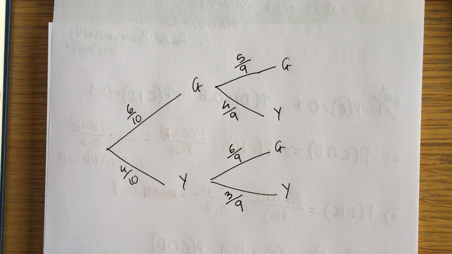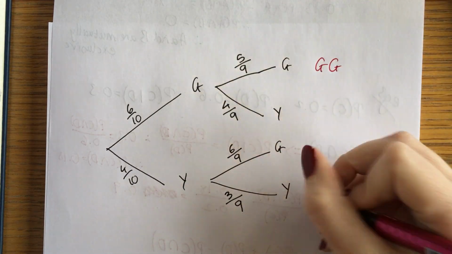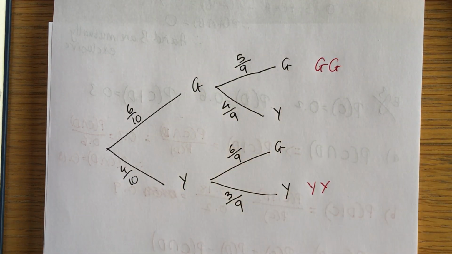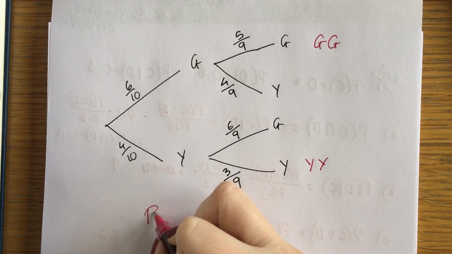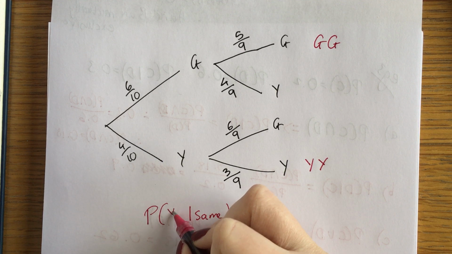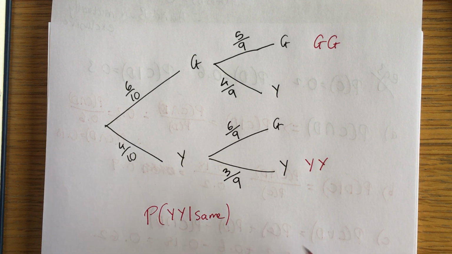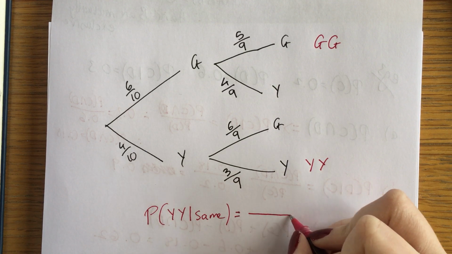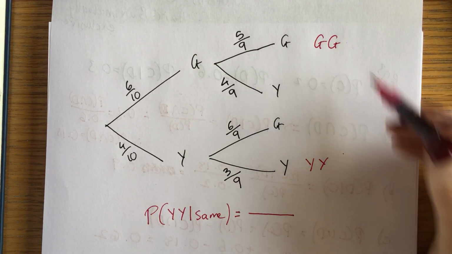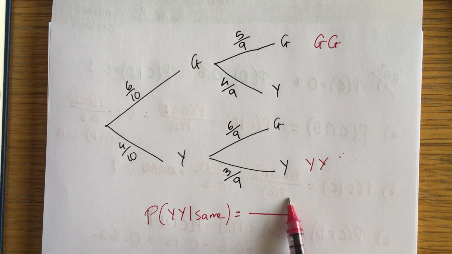So it says, given that both balls are the same colour, work out the probability that they are both yellow. So given that I know that they're the same colour, what's the probability they're both yellow? So I need the total probability of it being the same, and then the probability that they are both yellow.